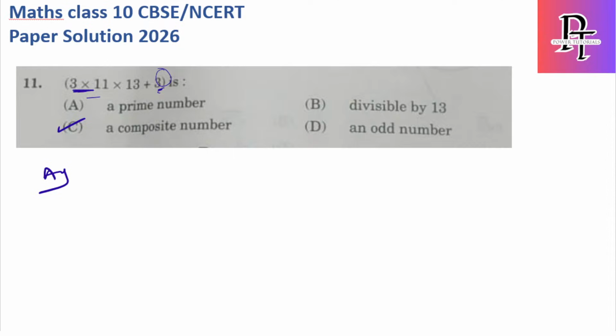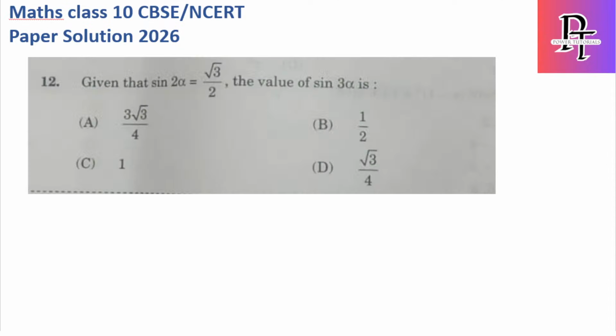Let's move to 12th one. Okay, this is again trigonometry, and this is also a direct question. Sin 2 alpha is root 3 by 2. So which angle has sine root 3 by 2? Sin 60 is root 3 by 2.